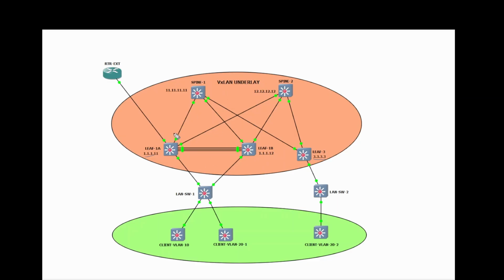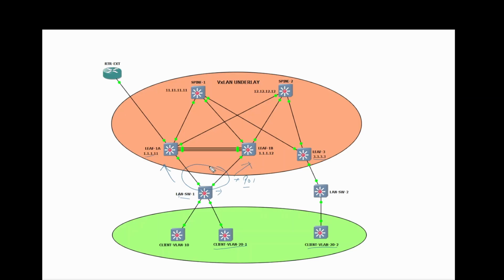So if we think about it from a traffic flow perspective, if client VLAN 20-1 needs to send any traffic towards client VLAN 20-2, it sends the traffic towards its upstream LAN switch, which is LAN switch 1 in our example. From LAN switch 1's perspective, the uplinks are configured in a port channel, so the traffic can get hashed either towards leaf 1A or leaf 1B.